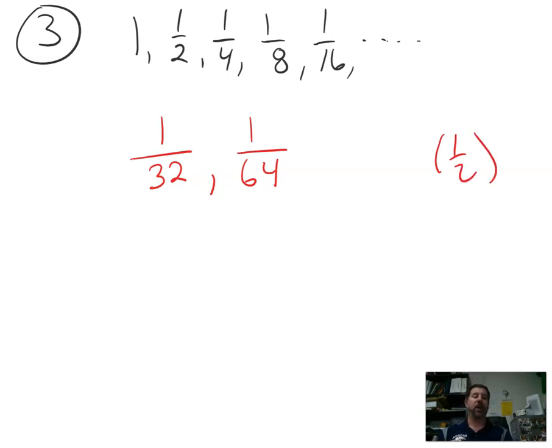So for the recursive formula, I just now need to put that idea into a formula. To find my next term, a sub n plus 1, I'm going to take the term before, a sub n, and I'm going to multiply that by 1/2. All right? So that would be our recursive formula.